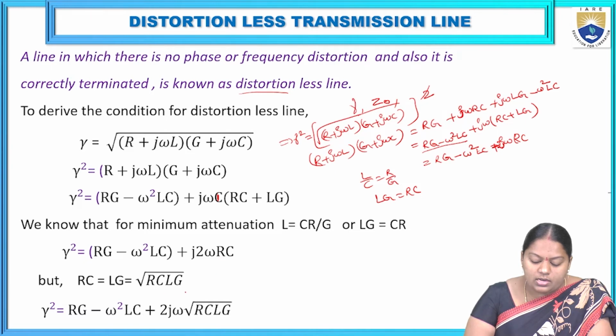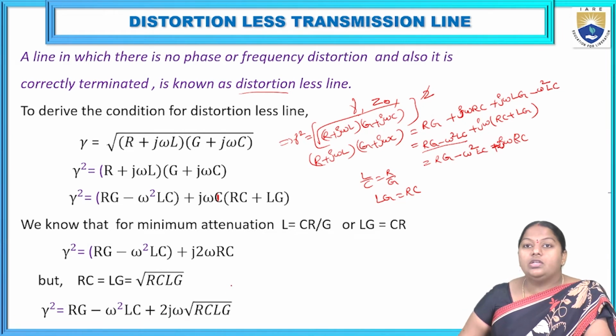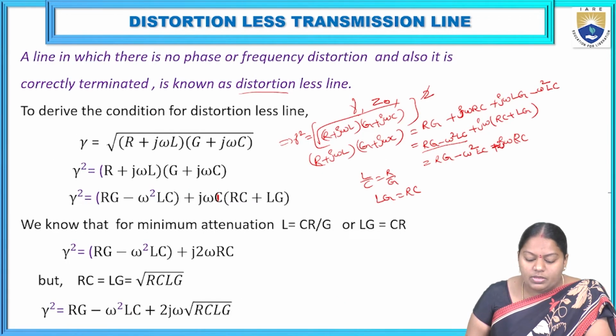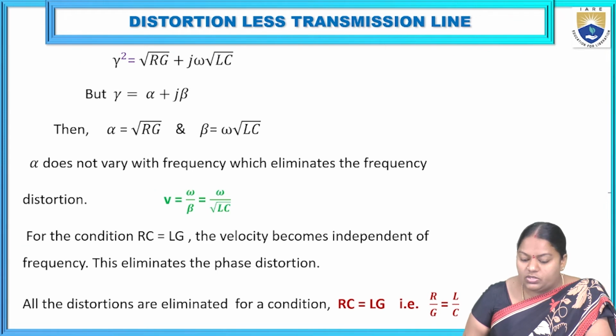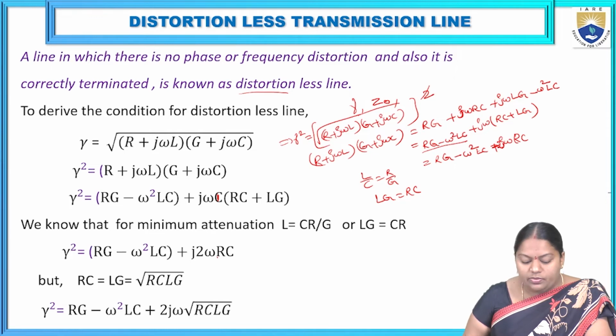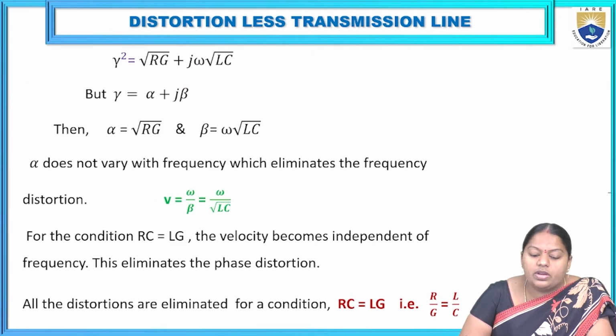If we substitute this, then gamma square equals Rg minus omega square Lc plus 2j omega root over Rc into Lg. Then, substituting the real and imaginary terms, we get gamma square equal to (root Rg plus j omega into root Lc) whole square.